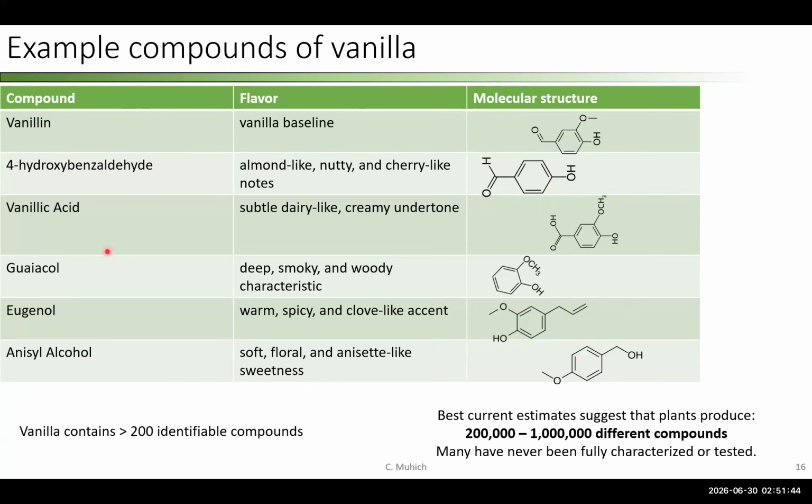So if we look at these different compounds, you can see that the human being ingesting these is going to experience those flavors slightly differently. So vanillin is that key vanilla flavor, but these other pieces add to that underlying experience.